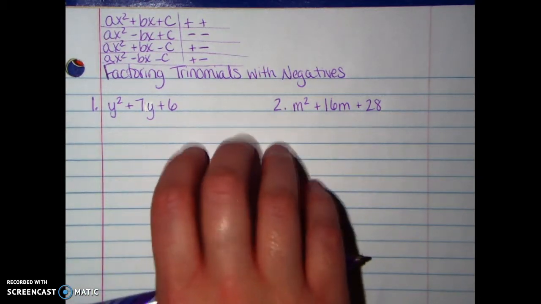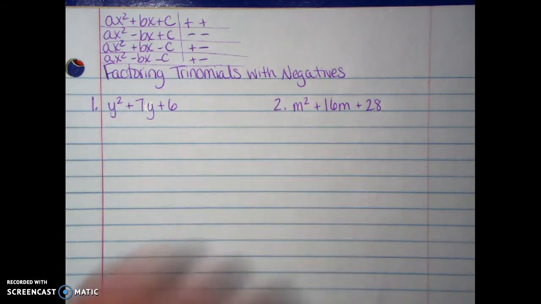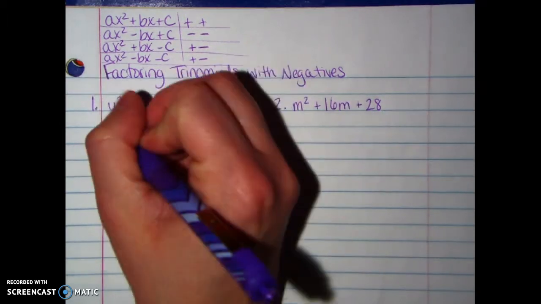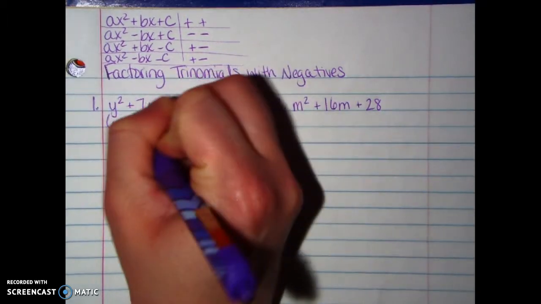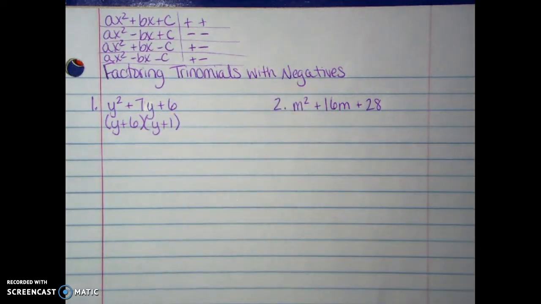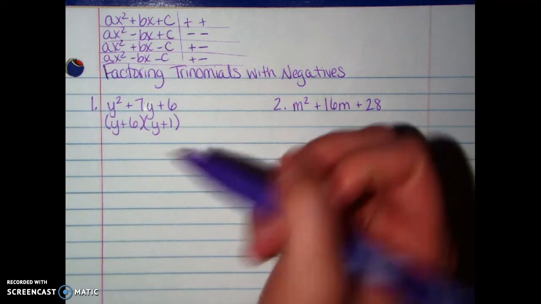These two are review from what you did yesterday where they're both positive. So I would like for you to go ahead and factor those real quick. Okay, hopefully for this one you did y plus 6 and y plus 1. And I know I didn't tell you to check your answer, but check your answer.